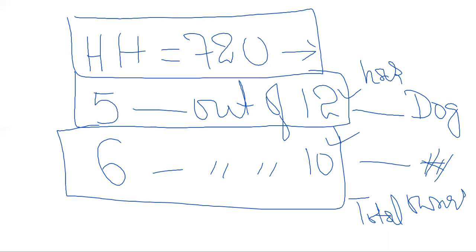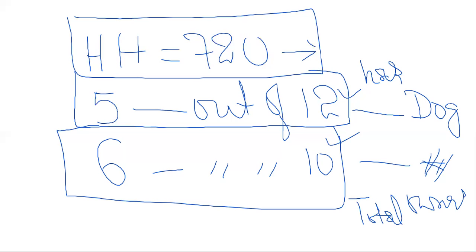And next, the next part is kind of confusing. That 5 over 12 of the total own a dog, that was 300.